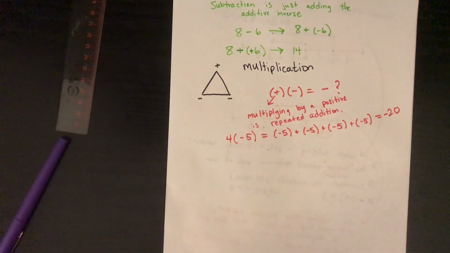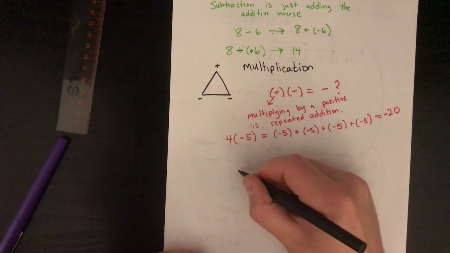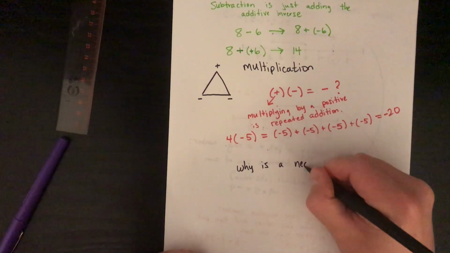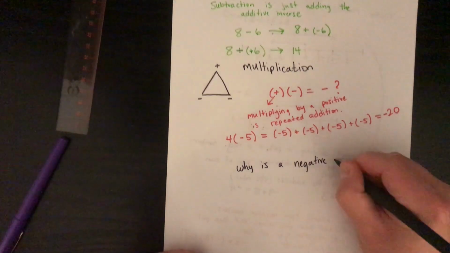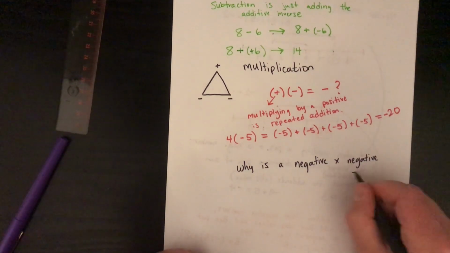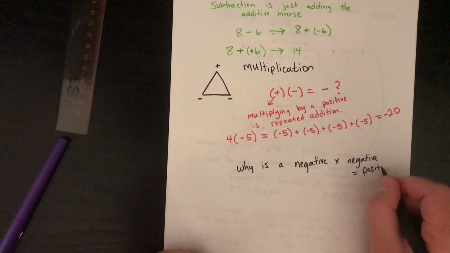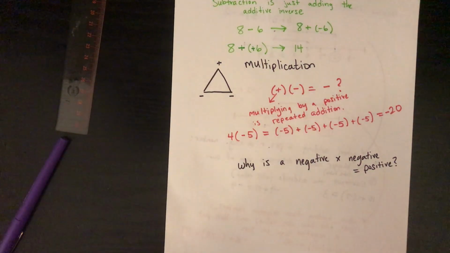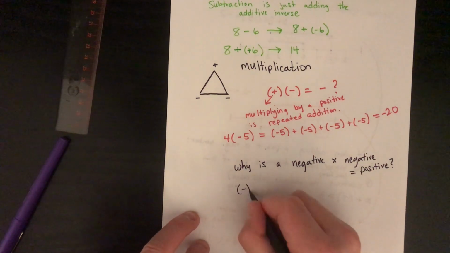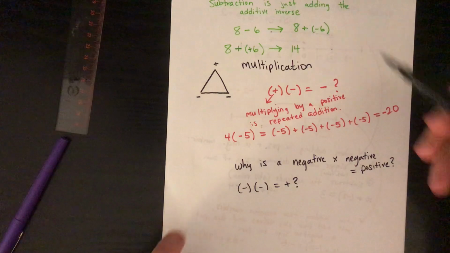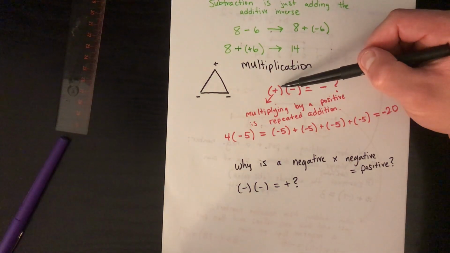And then I did this other thing. I said, okay, so we're talking about a negative times a negative is equal to a positive. Well, I said one way you could think about it is that multiplying by a negative sort of does the opposite of what multiplying by a positive does.